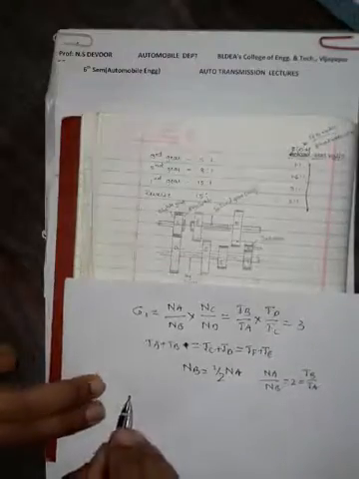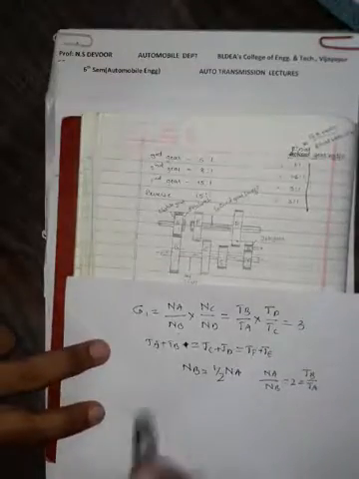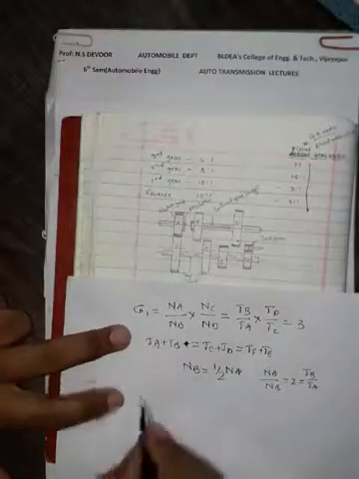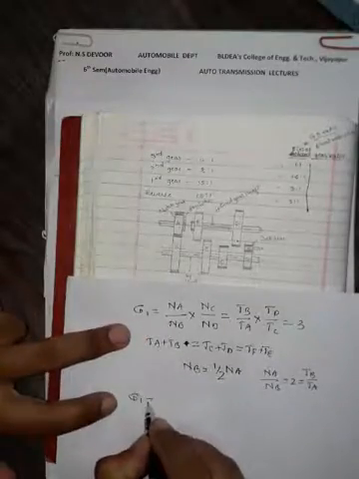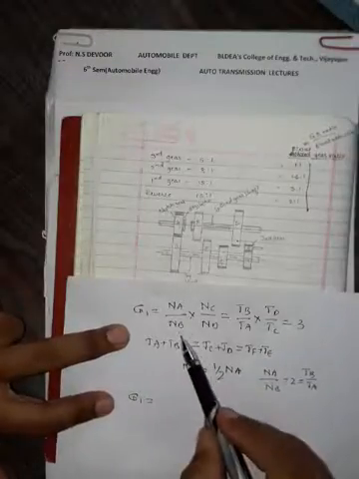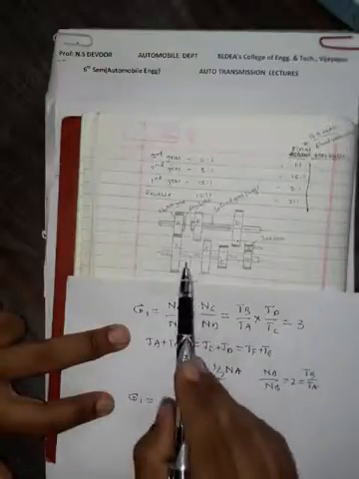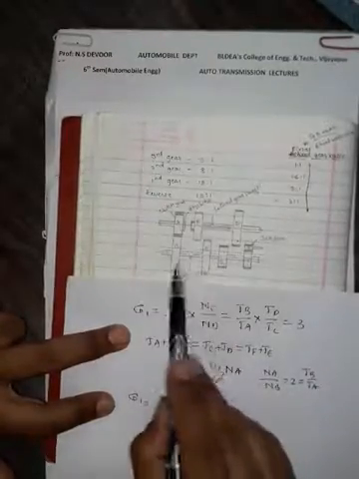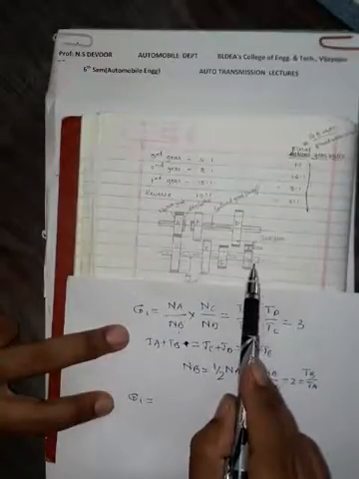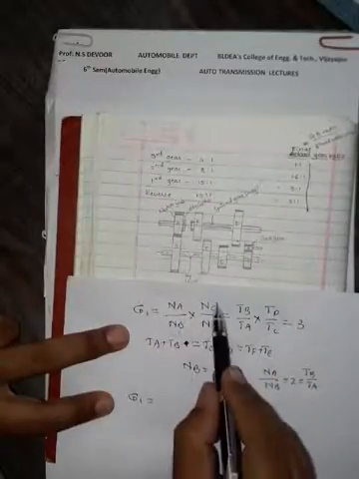Now let us substitute all these values here. Just you see, in the first gear I will take it. I will come back to this. G1 gear ratio: NA by NB into NC by ND. But B and C, observe here, these gears are fixed to the lay shaft. Therefore, speed is equal. They cancel out.